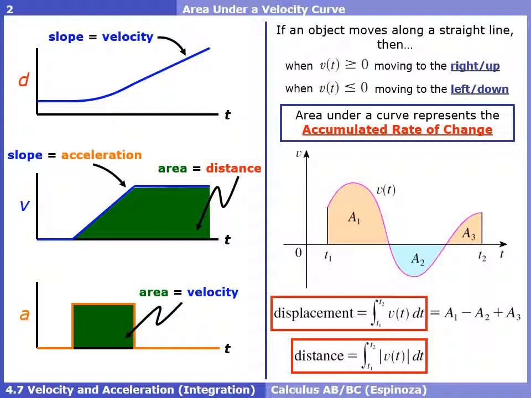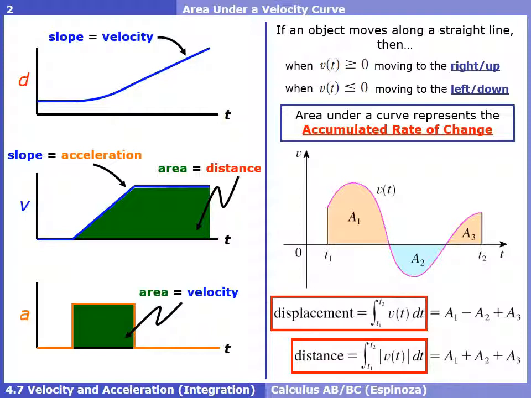That's why distance is still an integral, but it's the absolute value of velocity. And really the only thing that changes in terms of these areas is that anything below the t-axis would be counted as positive. So instead of A2 being negative, it would be positive, and we would still add them all up: area 1 plus area 2 plus area 3.